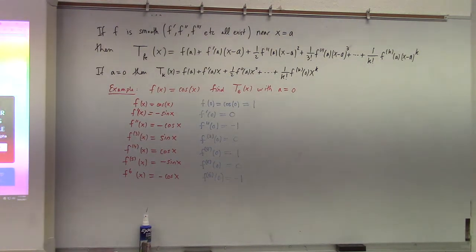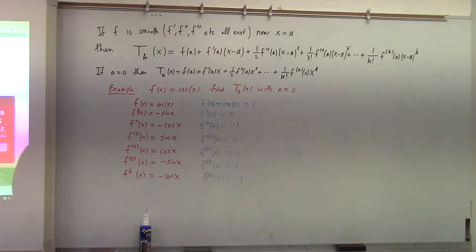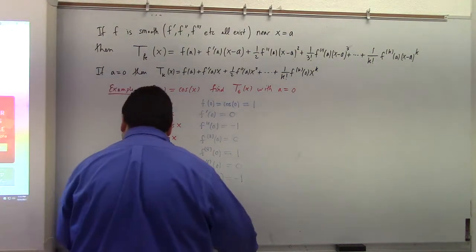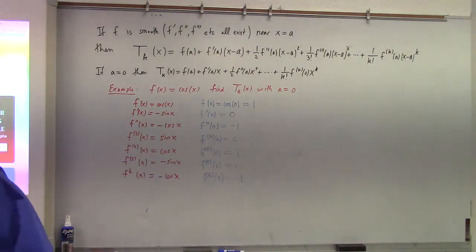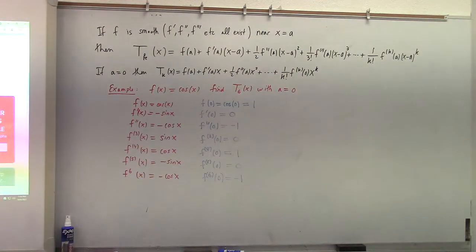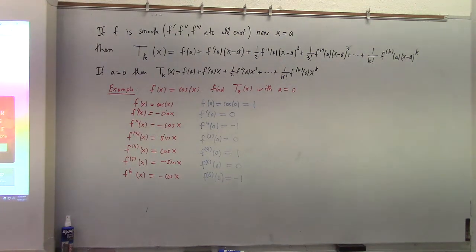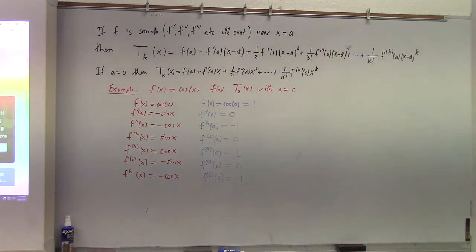So that tells me everything I need to know to write down the Taylor polynomial for cosine.